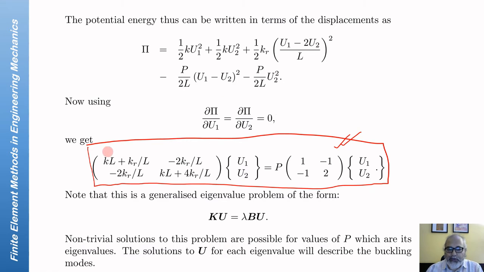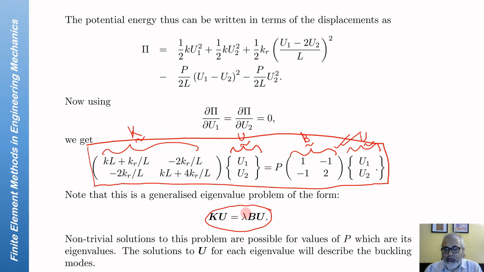In other words, if we call this k, this generalized u again, and this, we give it a name, let's call it B, then this is a problem of the form k u equal to lambda B u, where lambda and P are the same things. And this is what is known as a generalized eigenvalue problem.